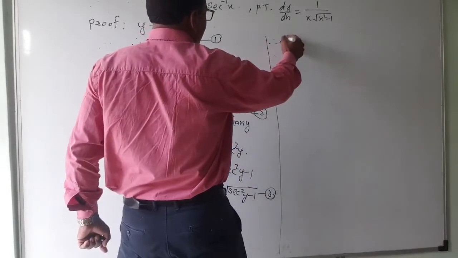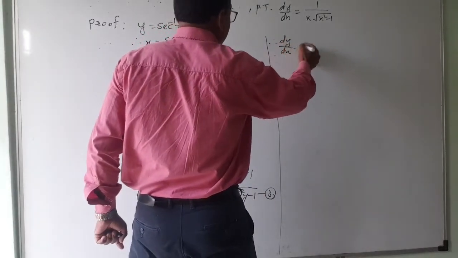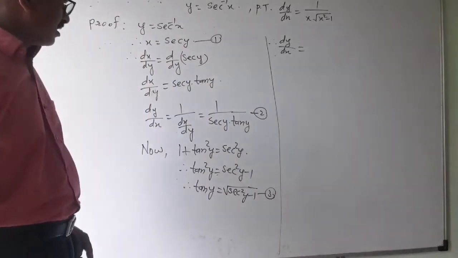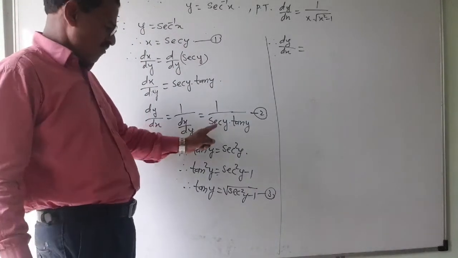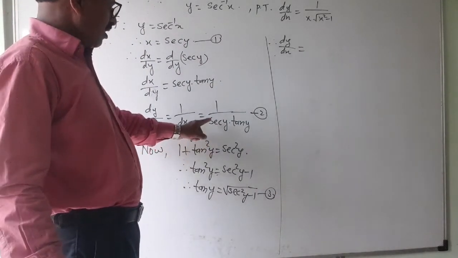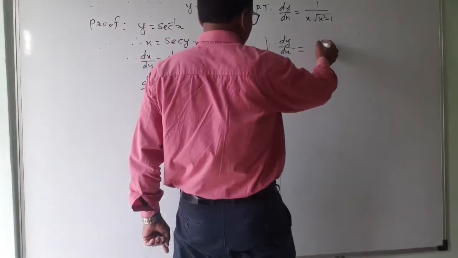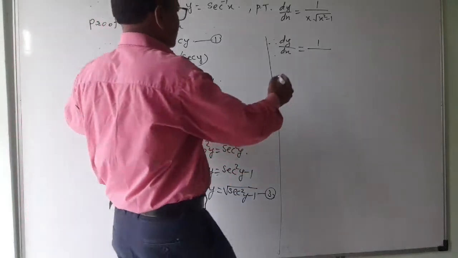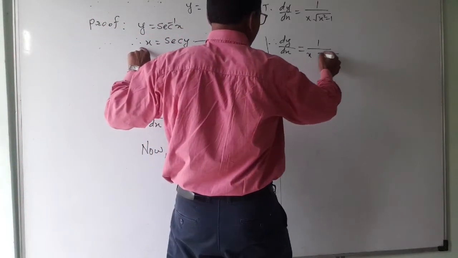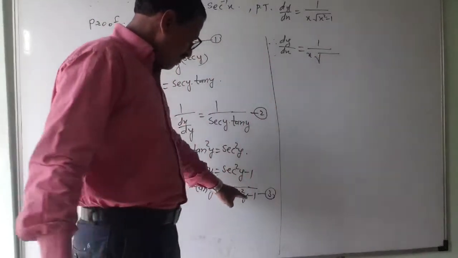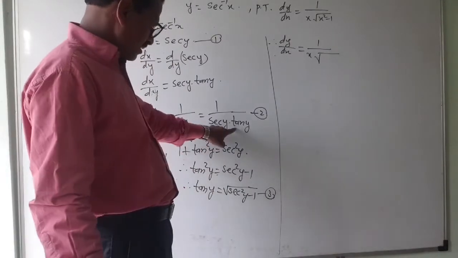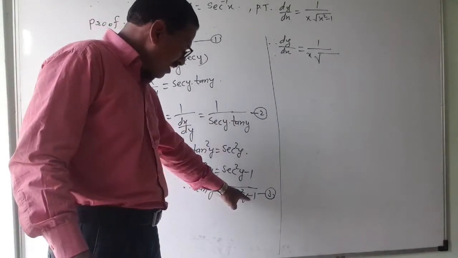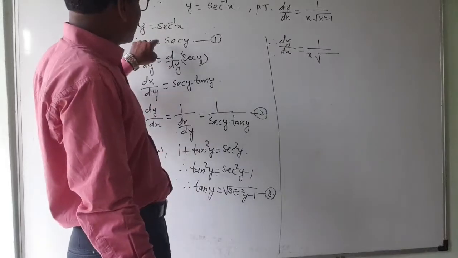Therefore, dy by dx is equal to, in these two, I will put the values. 1 upon sec y, whose value is x, under root of tan square y, that is sec square y minus 1, and sec square y means x square.